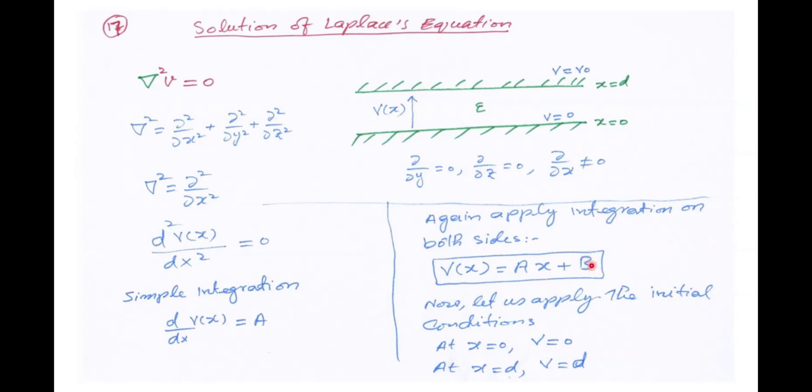We will obtain the values of these unknown coefficients using the boundary conditions. At x equal to 0 the potential is 0, and at x equal to d the potential is V naught. Using these boundary conditions, we are going to define the values of a and b, and the final expression for this structure.